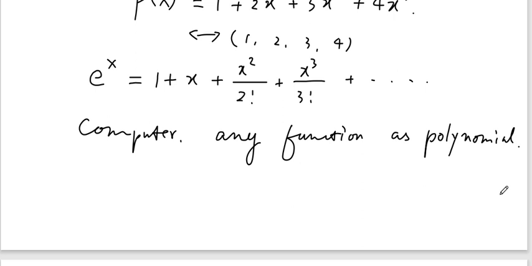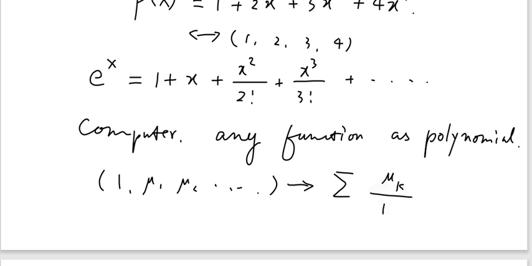Okay. So from those coefficients we can define the function. So let's say from mu0, mu1, mu2, where mu0 is 1, then mu1, mu2, mu3. Okay, we define this function: the summation of mu k over k factorial times t to the k, for k from 0 to infinity.